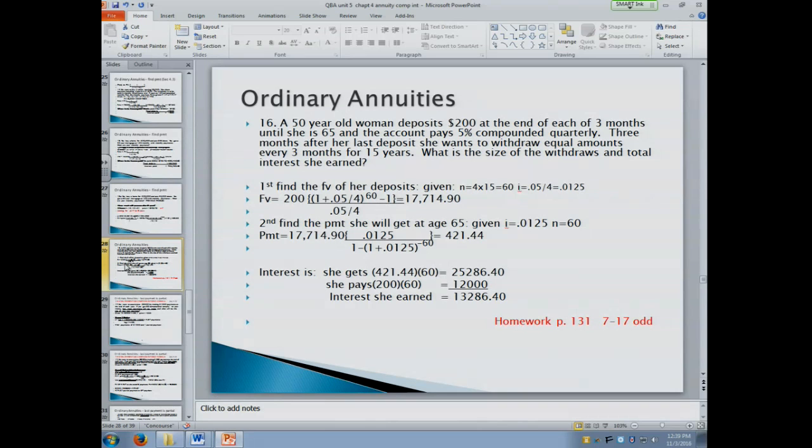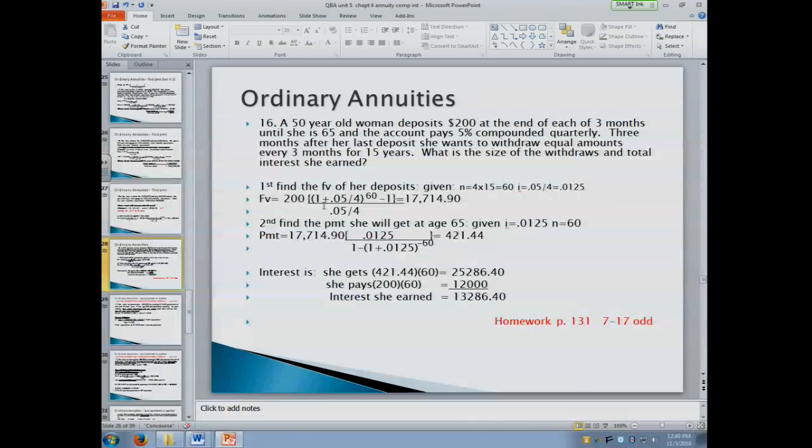First, you want to find the future value. This is two separate problems. We're finding the future value of her $200 deposits, and then the second part of the problem is finding the payment, how much the withdrawals, the payment she's going to withdraw.